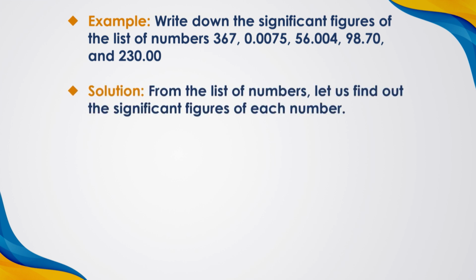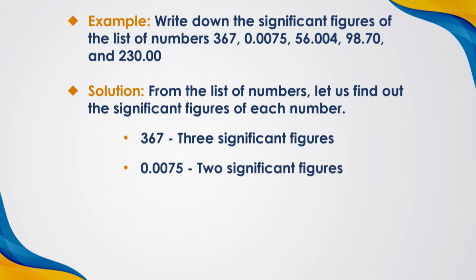The figures are the following: 367, 0.0075, 56.004, 98.70 and 230.00. What are they saying? In 367 there are three significant figures. In 0.0075 we have two significant figures because after the point the first two zeros cannot be considered.